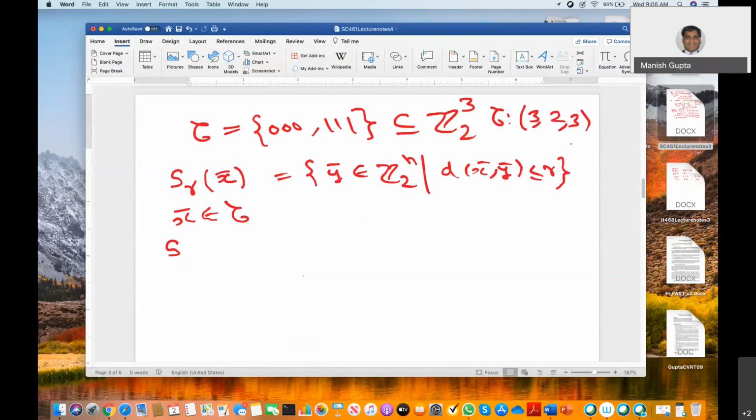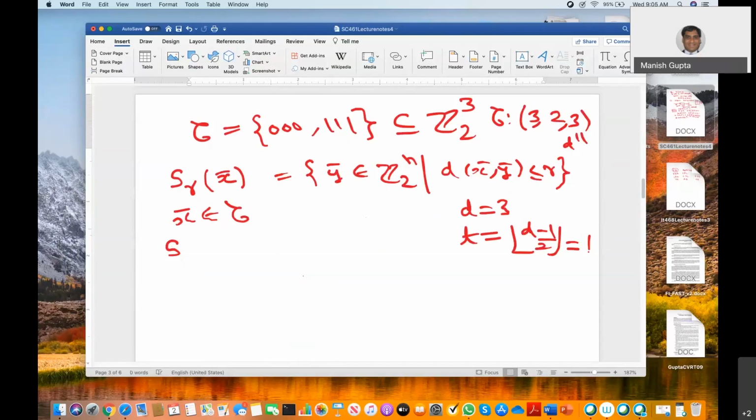So t is (3-1)/2, which is 1. It's a single error correcting code, right? t is equal to 1 here.